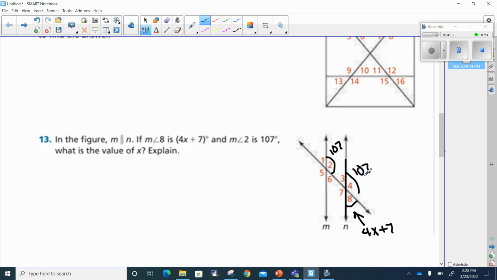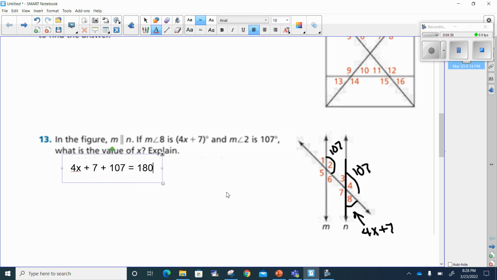So I can say that 4x plus 7 plus 107 has to equal 180. Let's make that equation here. We've got 4x plus 7 plus 107 equals 180.